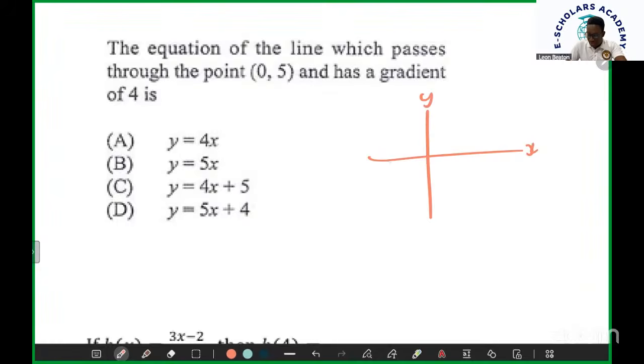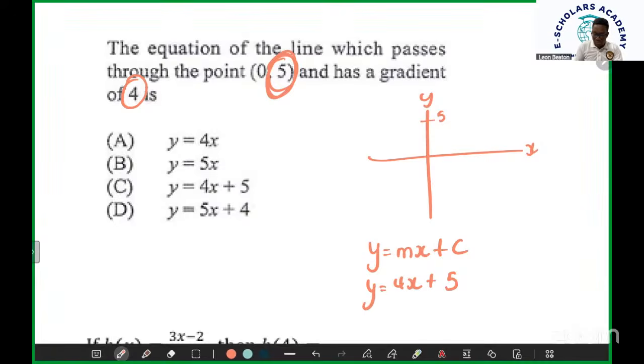If a line passes through (0, 5), that is on the y-axis, which is the y-intercept, so the y-intercept is 5. The general form is y = mx + c, and we know m is 4 and the y-intercept is 5, so this is simply y = 4x + 5. No need to do any fancy work.